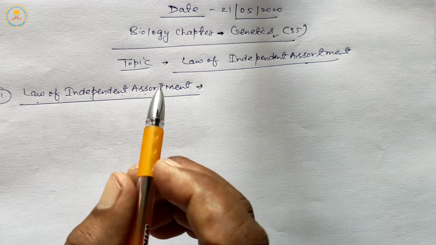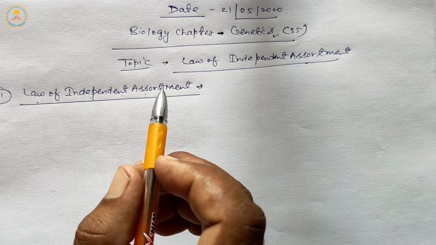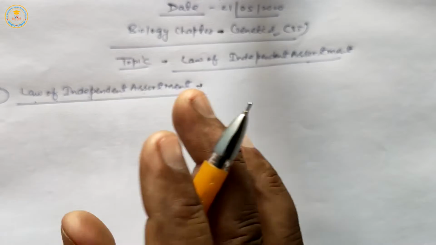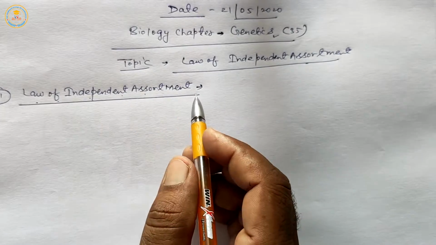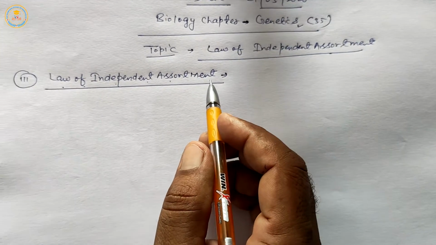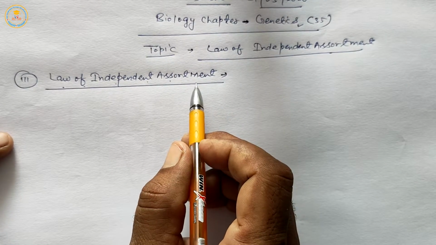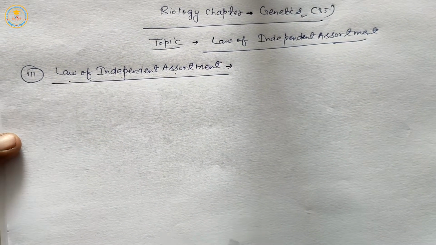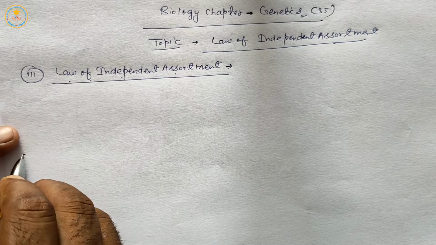It means we take two characters and study these characters. First, I draw a flowchart or figure of law of independent assortment. So, example first.